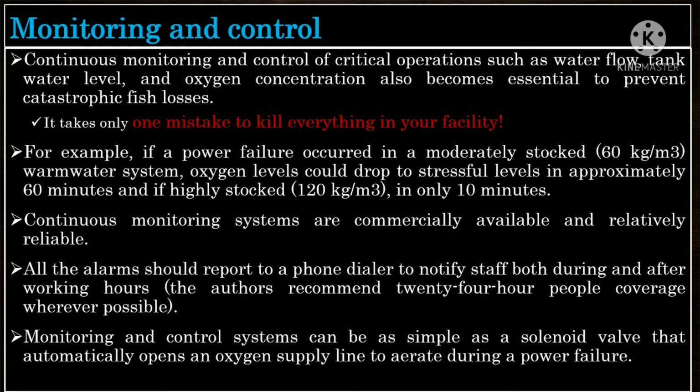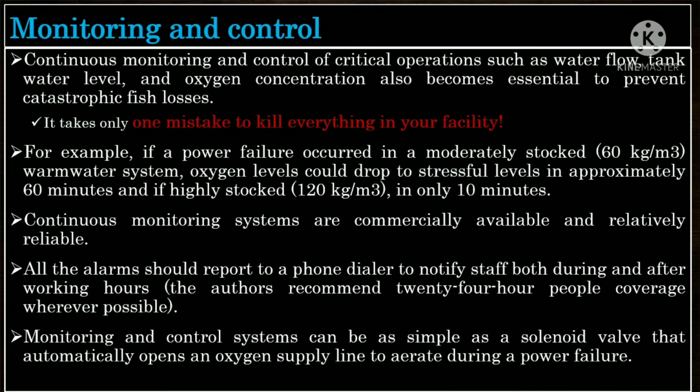For example, if a power failure occurred in a moderately stocked warm water system at 60 kilograms per cubic meter, oxygen levels could drop to stressful levels in approximately 60 minutes, and if highly stocked, at 120 kilograms per cubic meter, in only 10 minutes.